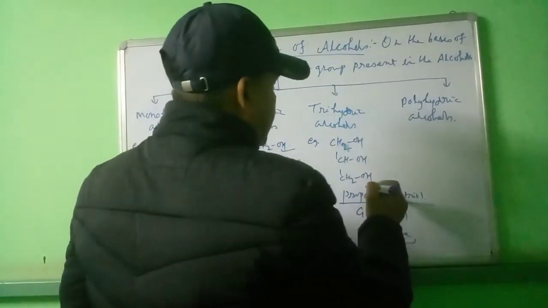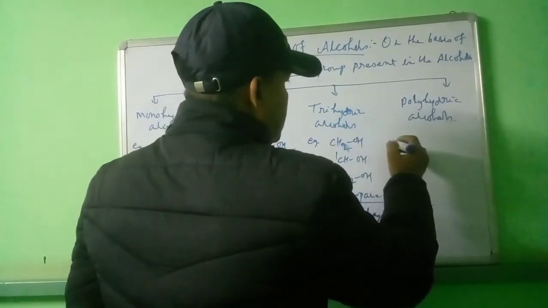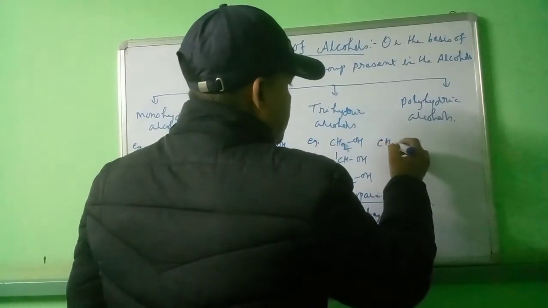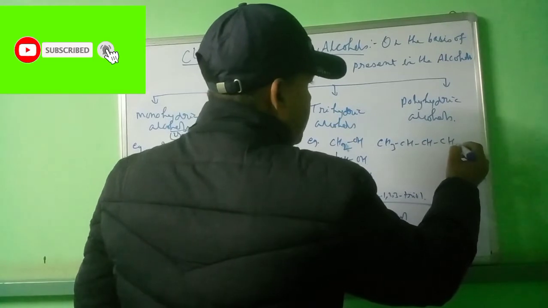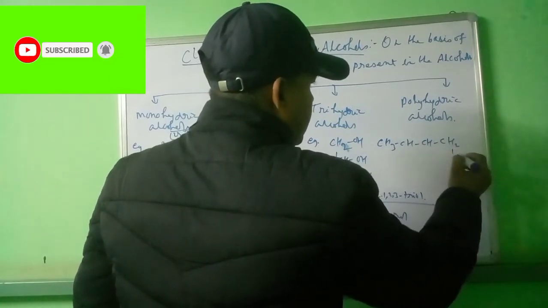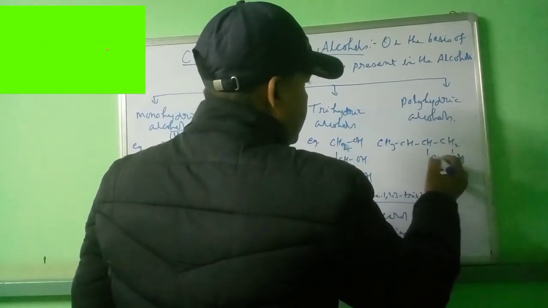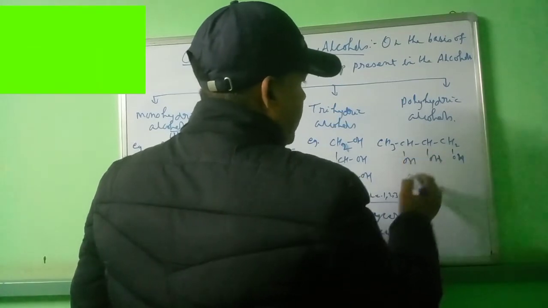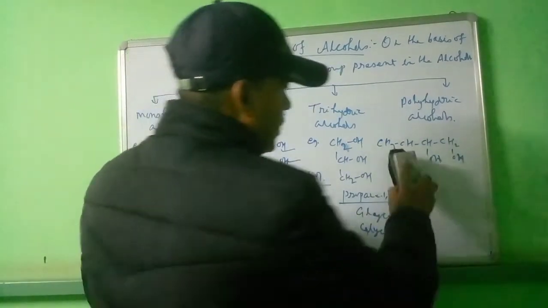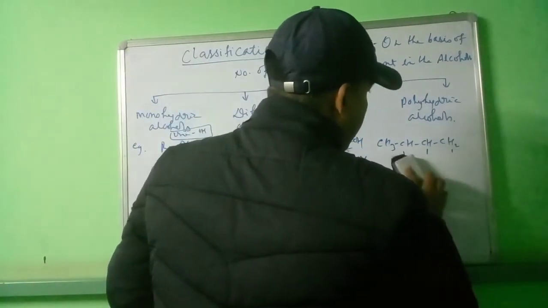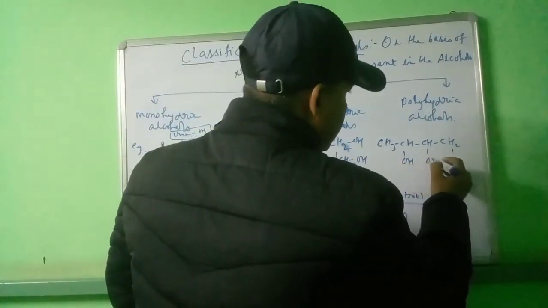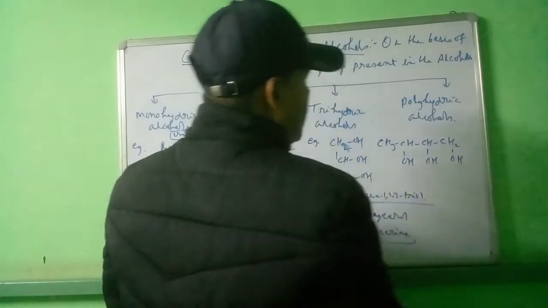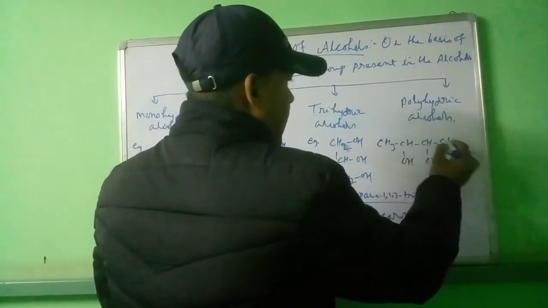Again, another example of a trihydric alcohol. Suppose your compound is like this, CH3, CH, and again CH2, with OH, OH, OH. So the number of carbons here is 4.